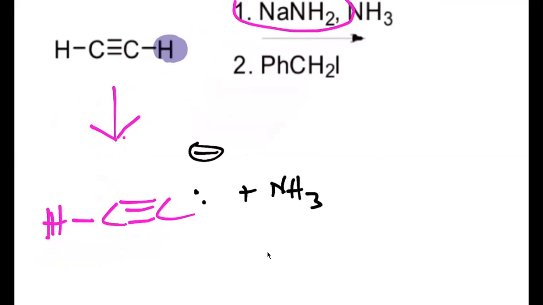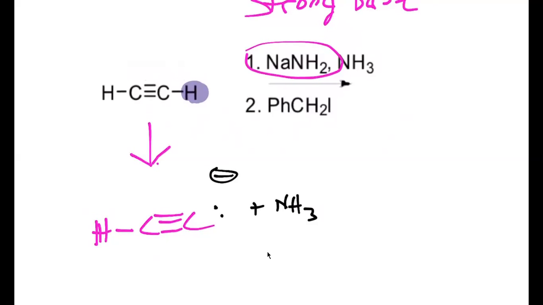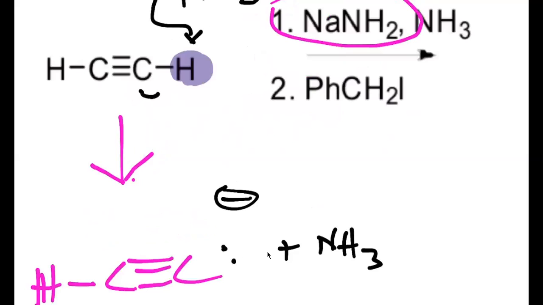Is that right? So the NH2 is my base, right? That's the basic part of the base. And I don't want to go through the mechanism for all of these because that's going to take too long. Plus, we've already seen this mechanism. Right, this is coming in like that, boom. And we're going to break that carbon-hydrogen single bond like that.